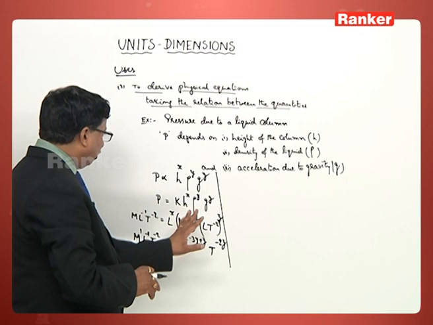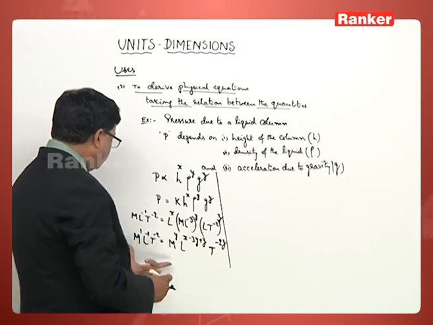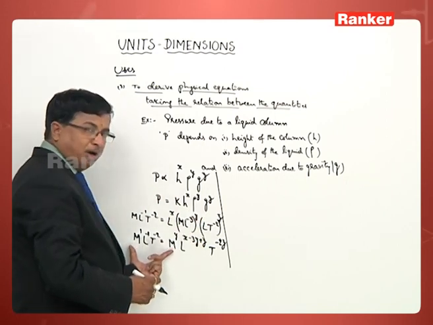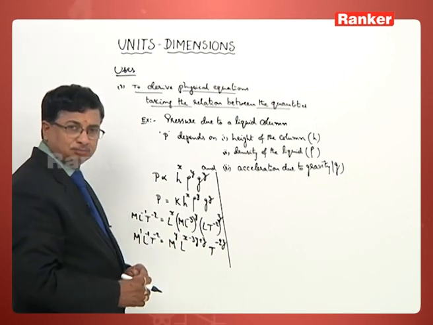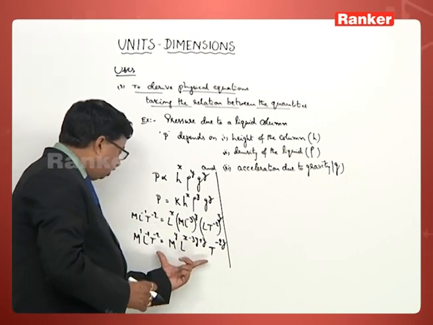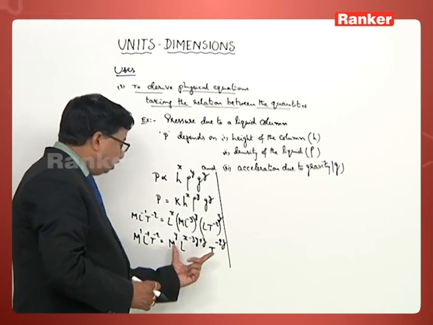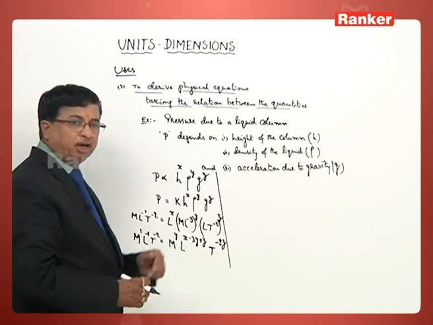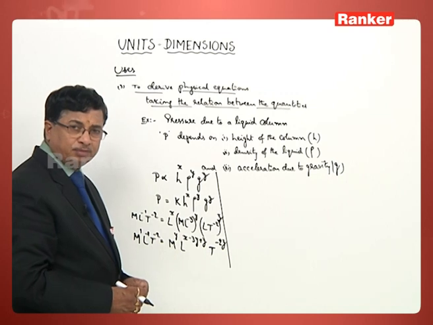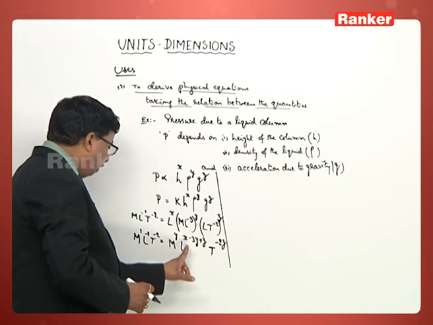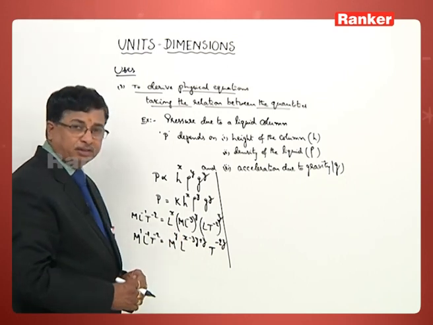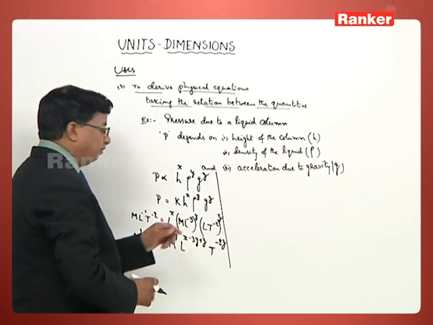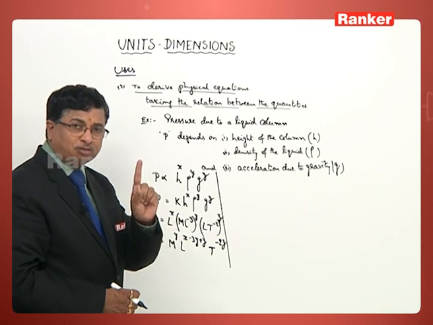What are you going to get? Suppose you equate the powers of mass, you will be left with y is equal to 1. If you equate the powers of time, you will get z as 1. Substituting those two values while equating the powers of length, you again will get x also as 1.